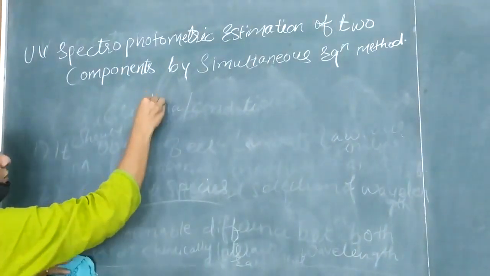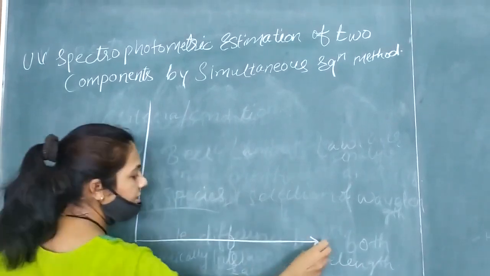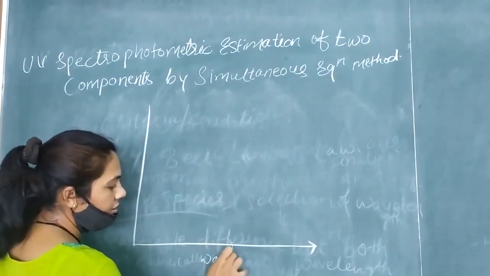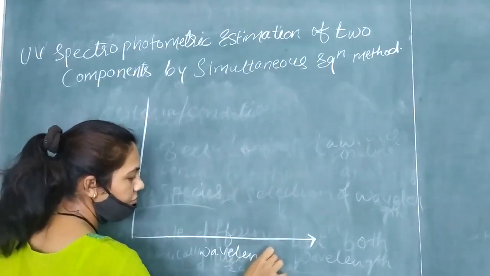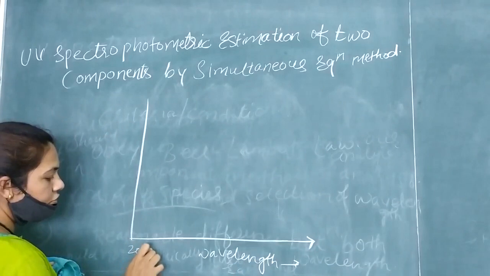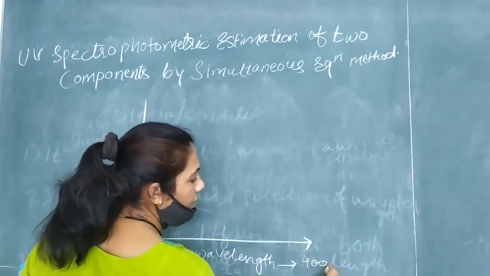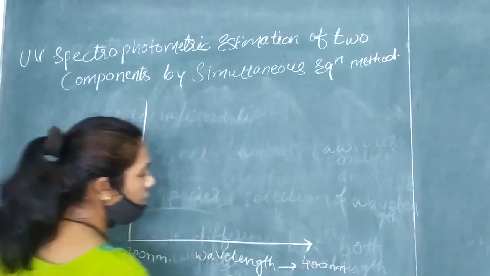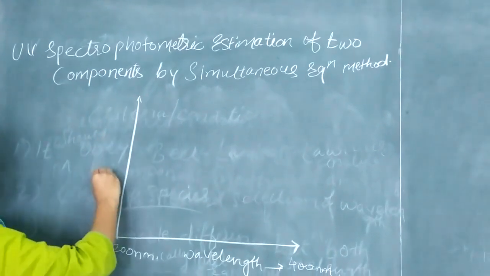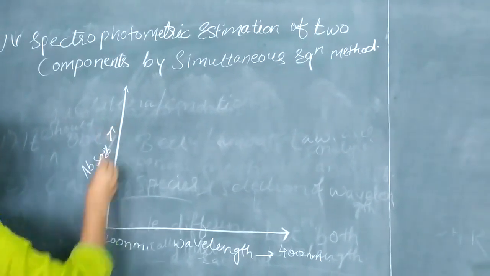As you know, in UV spectroscopy, on the x-axis we have wavelength, from 200 nanometers to 800 nanometers, but I am considering only 400. And on the y-axis, the absorbance.